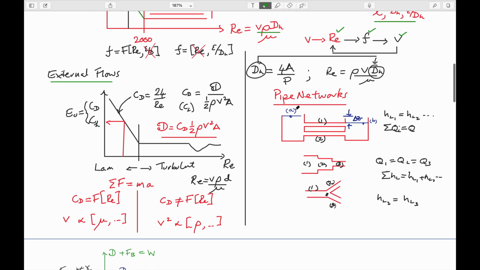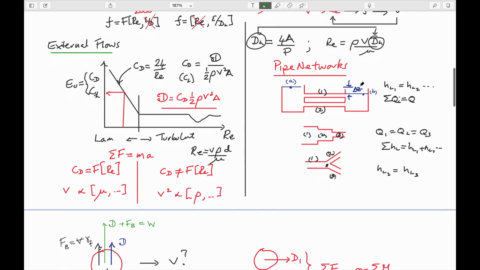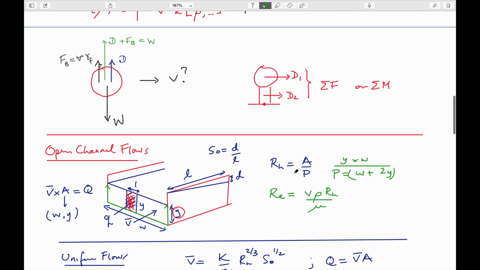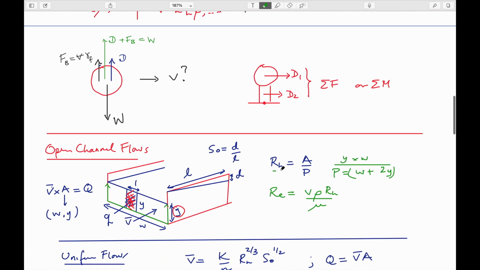For non-circular pipes, the hydraulic diameter is given by 4 times the cross-sectional area of flow divided by the perimeter of flow, and that could be used in the Reynolds number equation to get Reynolds number. Notably, if you talk about open channel flows, the hydraulic radius is not 2 times the Reynolds number.